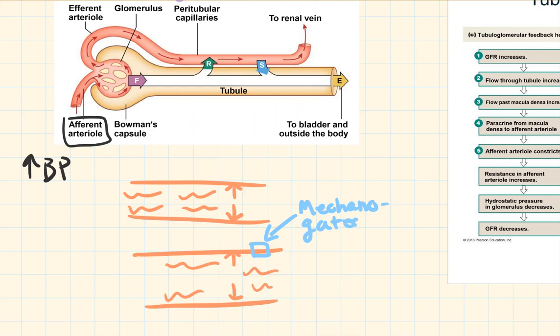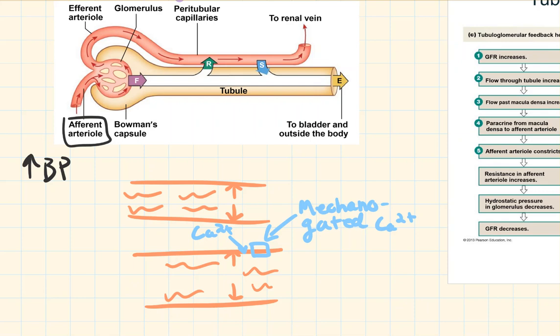calcium channels. So when it gets physically stretched by the blood pressure, mechanogated calcium channels open up and we get an influx of calcium to the smooth muscle of that arteriole. And if it's going to the smooth muscle, well, we know what calcium's role is with muscle.